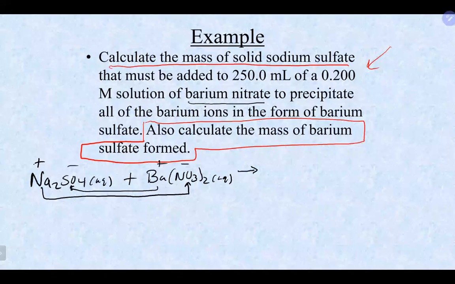Sodium is +1 and nitrate is -1, which means we end up with NaNO3. Barium is +2, sulfate is -2, so we end up with BaSO4, which is our solid in this case. Any questions on getting those formulas?